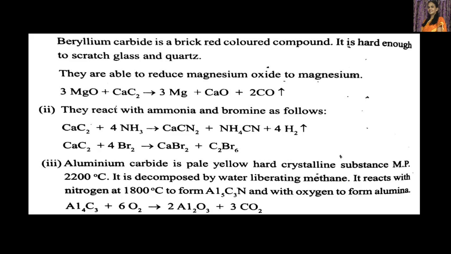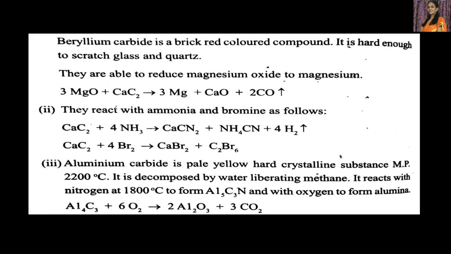Next, let us see aluminum carbide. It is a pale yellow colored hard crystalline substance, and its melting point is 2200 degrees centigrade. It is decomposed by water, liberating methane. Because of that reason, this aluminum carbide is also known as methanide.